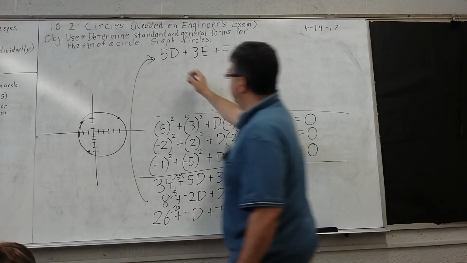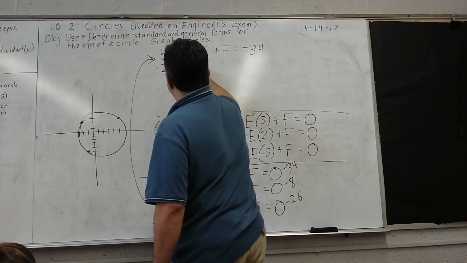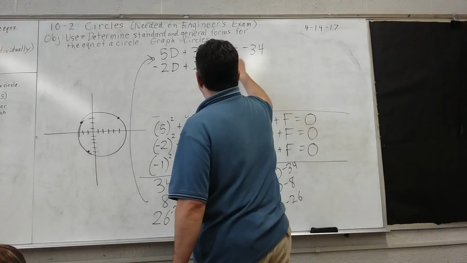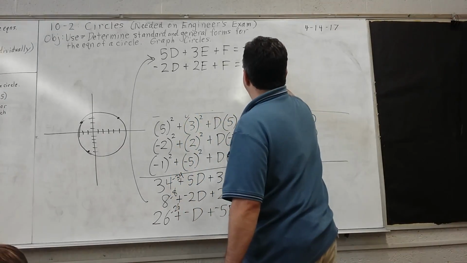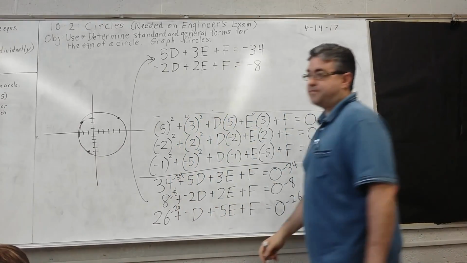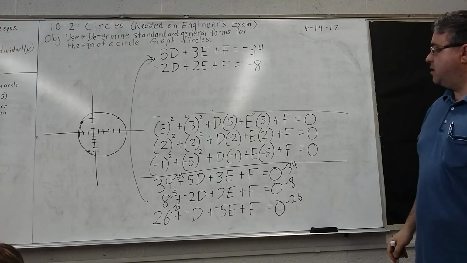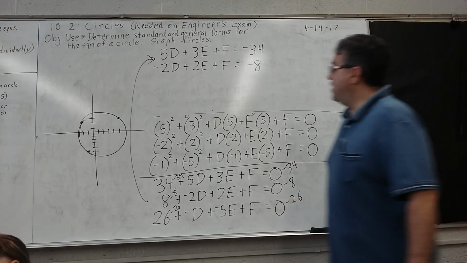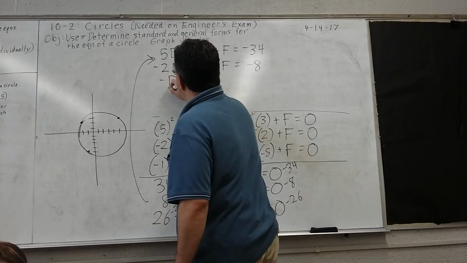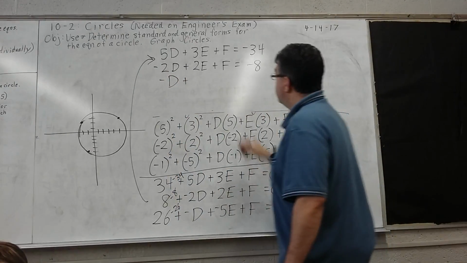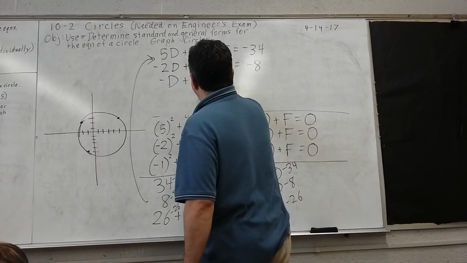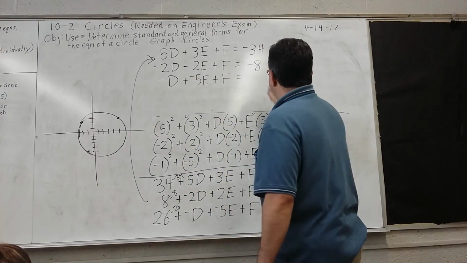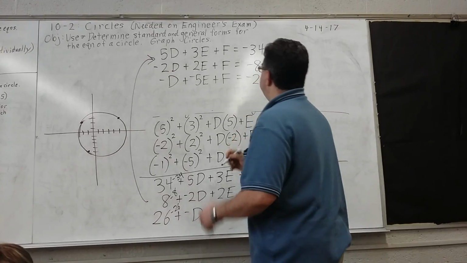Then the next one will be negative 2d plus 2e plus f, and this one will equal negative 8. And then finally, we'll have negative d plus negative 5e plus f, and that one will equal negative 26.